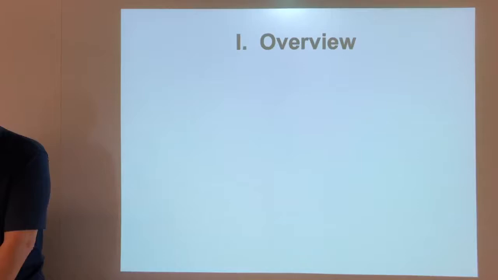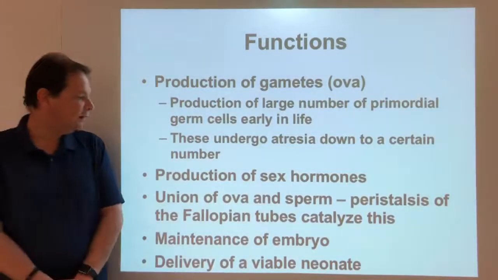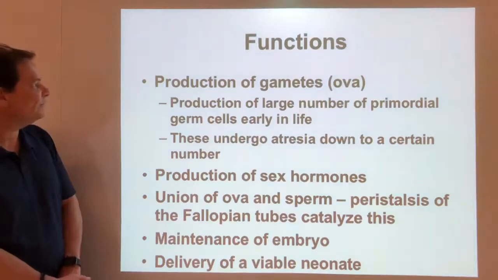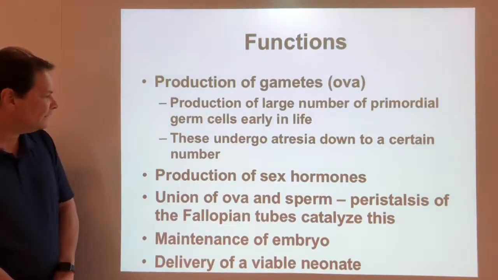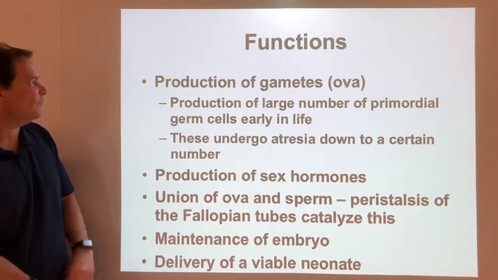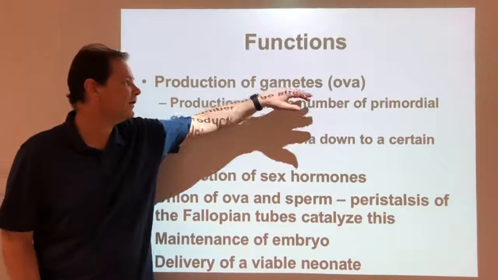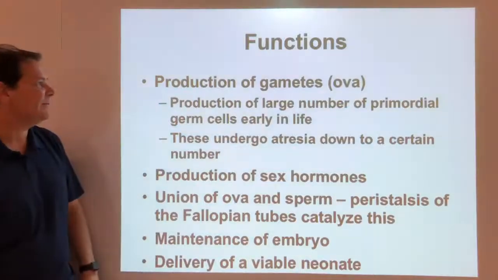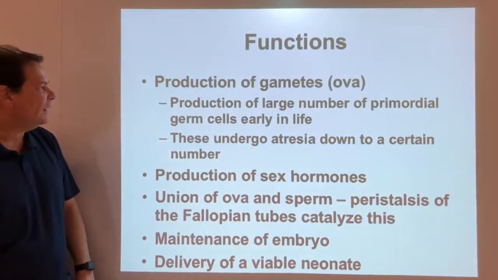Okay, so let's launch quickly into a further overview of the system. We have different functions in terms of the female reproductive organs. One is, and this is the primary function I'd say, production of the gametes or the ova.